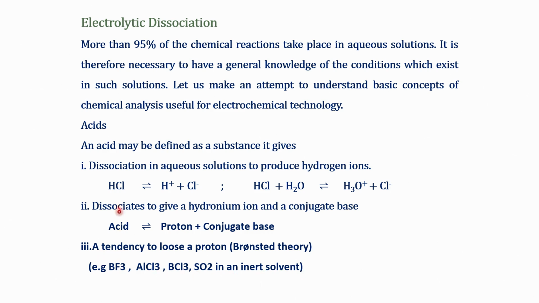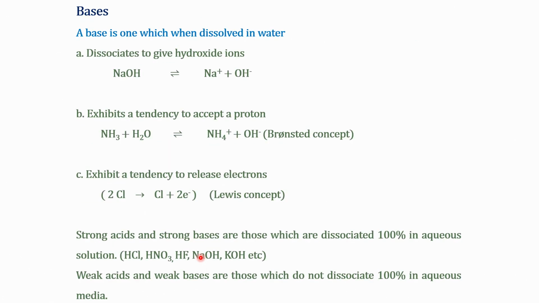Here you can see that in HCl there is H plus, in acid there is proton, and proton is nothing but H plus, but in BF3 there is no hydrogen, still it is an acidic solution. Similarly, aluminum chloride, BCl3, SO2, there are no protons here, correct. This is the definition of an acid that is known as Lewis acid.